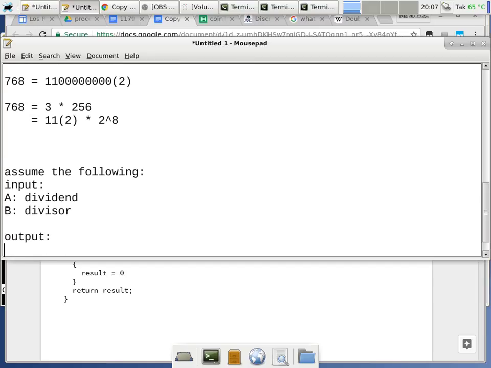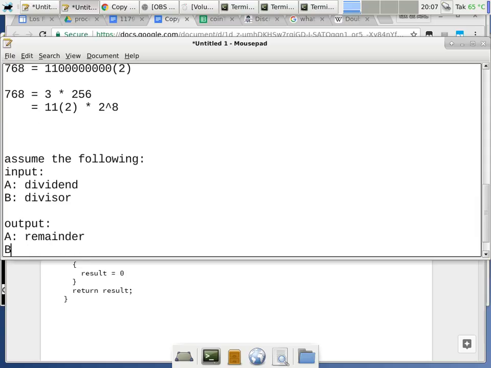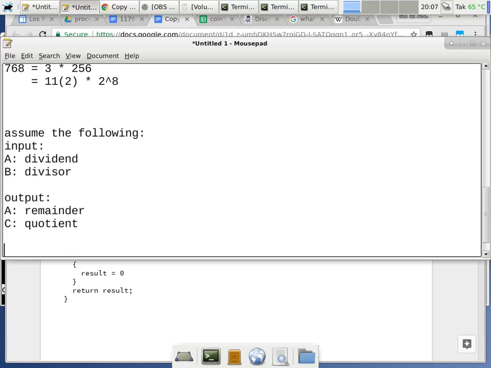The output of this code is going to have register A as my remainder and register C as my quotient. How do you write this code? In assembly. That's probably a good one as an exercise. But now that I use it as an exercise, I cannot use it in the actual exam.